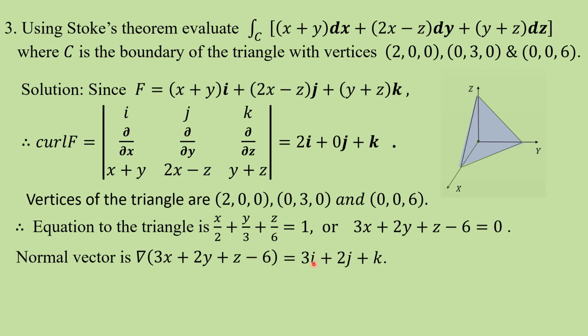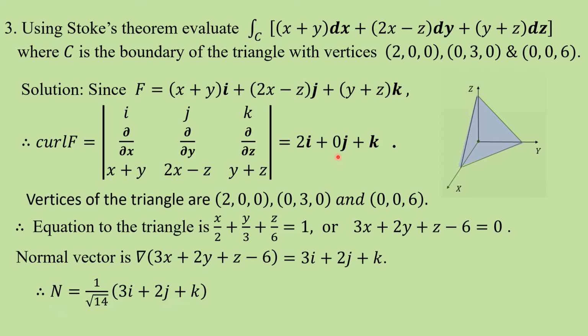So I got the gradient as 3i + 2j + k, but I want the unit vector normal to the surface. So divide by the magnitude of this vector, and that gives n. The magnitude is the square root of 3 squared plus 2 squared plus 1, that is 9 + 4 + 1 = 14. So (3i + 2j + k)/root 14 is the unit outward normal vector to the surface.